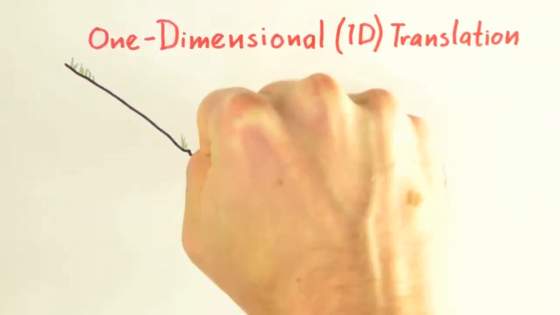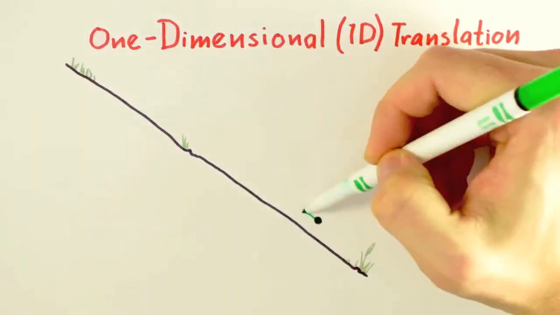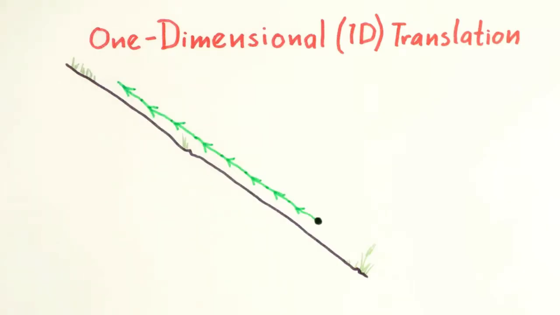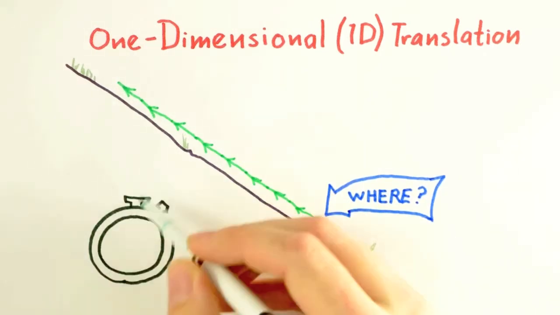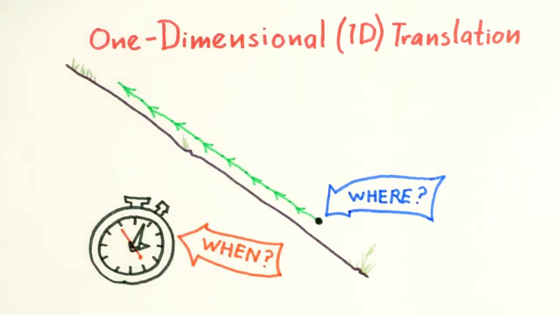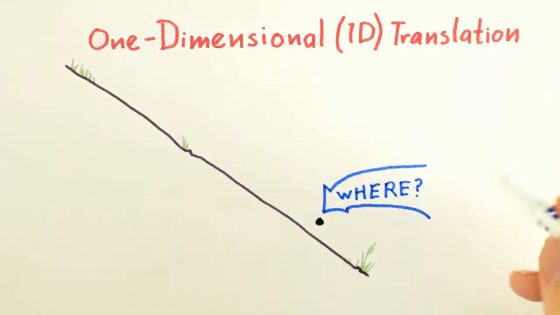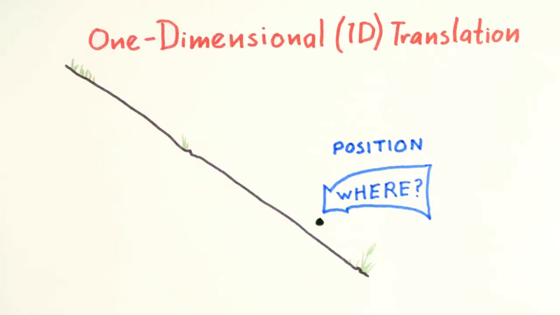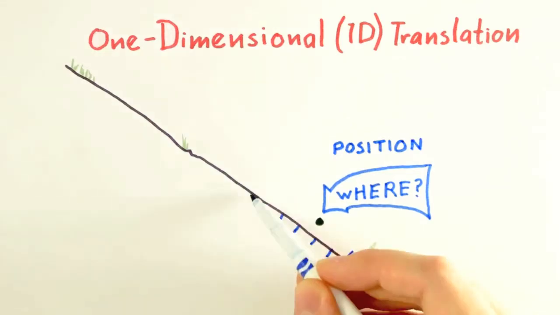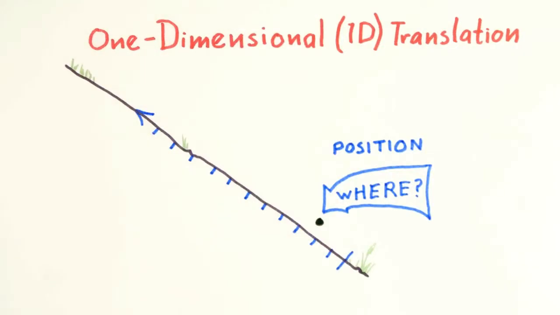We now will identify the physics concepts and quantities that we'll use to describe translation. Let's start with two concepts: the location, where the object is, and the time when it is at that location. To describe the object's location, or equivalently, the object's position for the 1D case, we can use a single Cartesian coordinate axis.